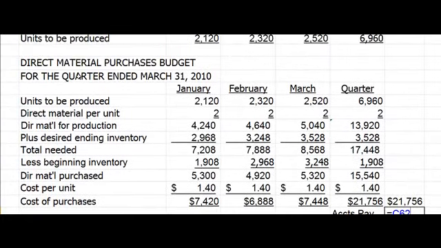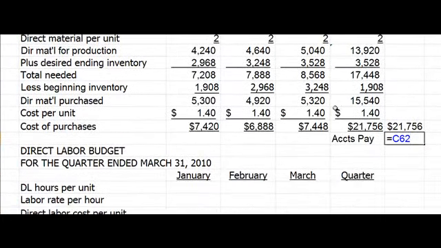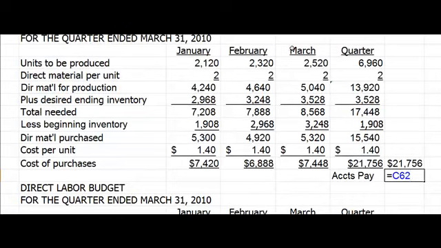Okay, so here's my production budget, and accounts payable is going to be 70% of purchases for March.